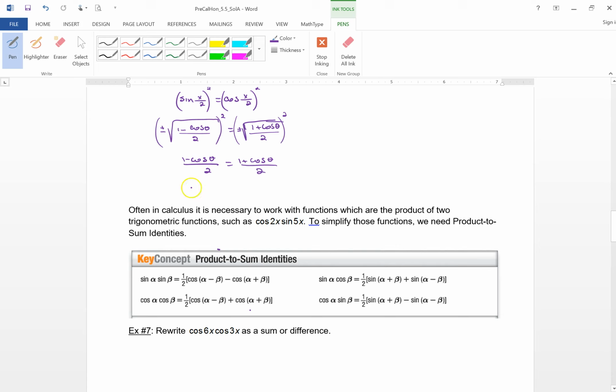Because the 2's go away, and you have 1 minus cosine theta equal to 1 plus cosine theta. And once the 1's go away, you just have 2 cosine theta equals 0. So theta is what? Pi over 2, 3 pi over 2.